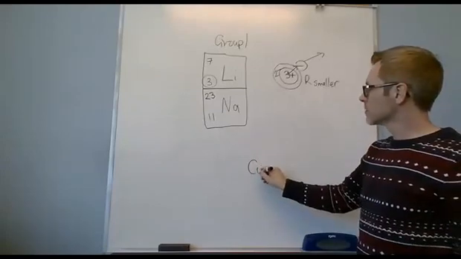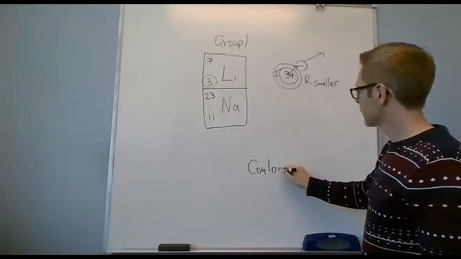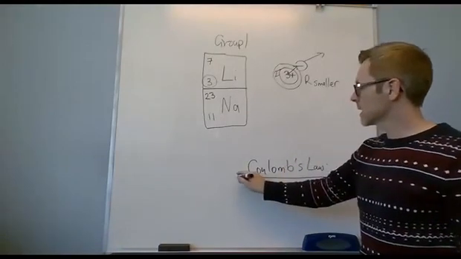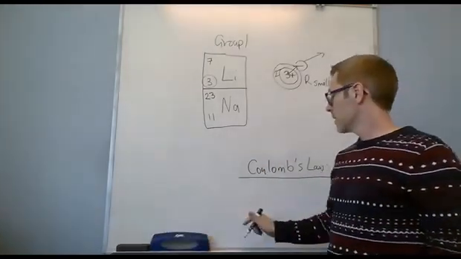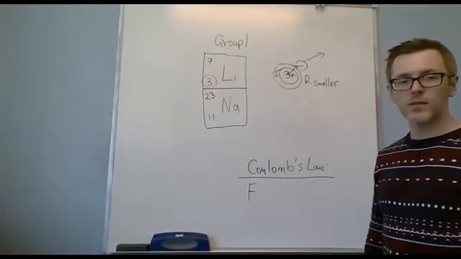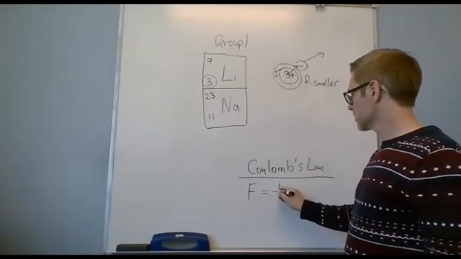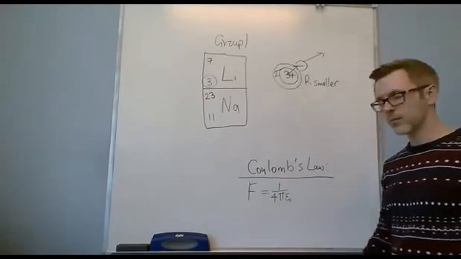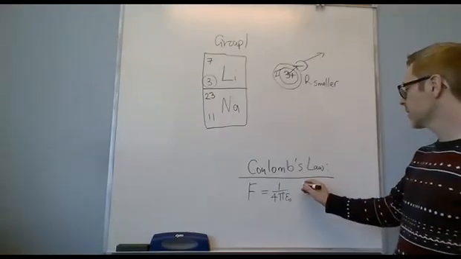Now, think back to Coulomb's law. Or if you've never heard of it, think forward to Coulomb's law. Coulomb's law is the law that discusses electrostatic attraction. It says that the force between 2 charged objects is a constant, 1 over 4 pi epsilon 0, which is basically a constant. We don't really need the constant in Chem 65.